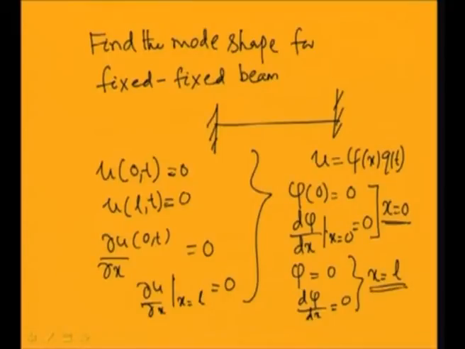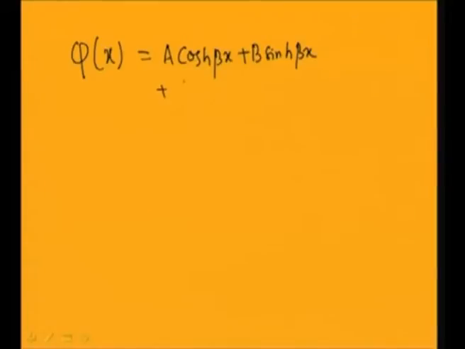So the general mode shape expression we already know, and it can be written as psi x equal to a cosh beta x plus b sinh beta x plus c cos beta x plus d sin beta x.